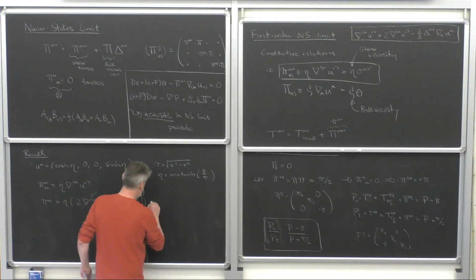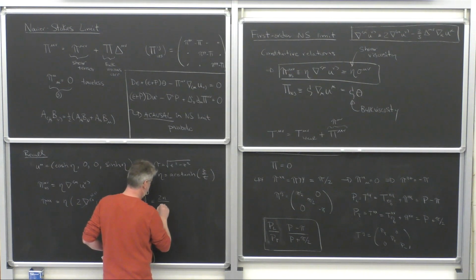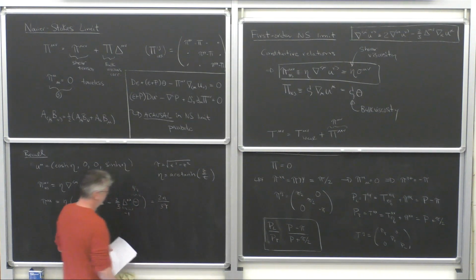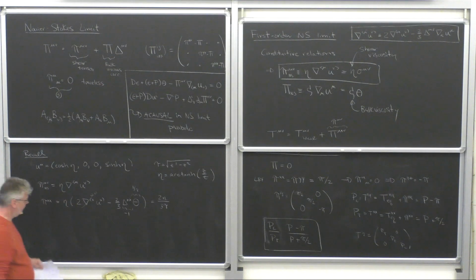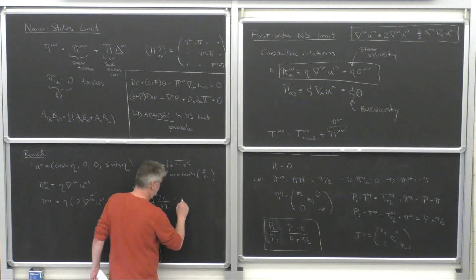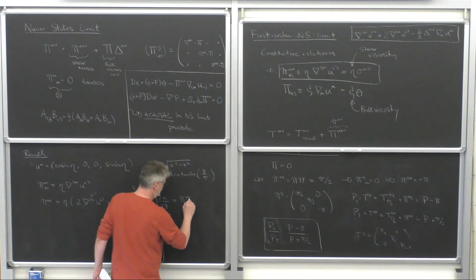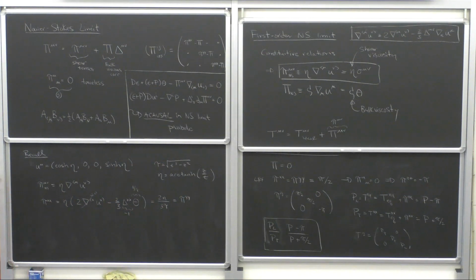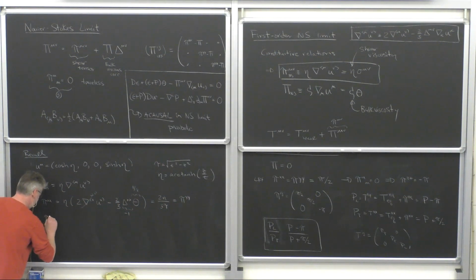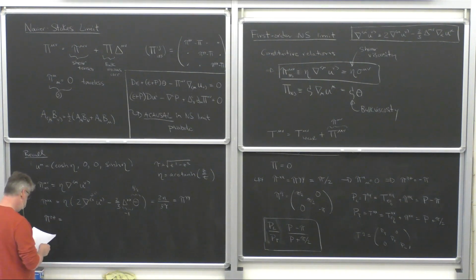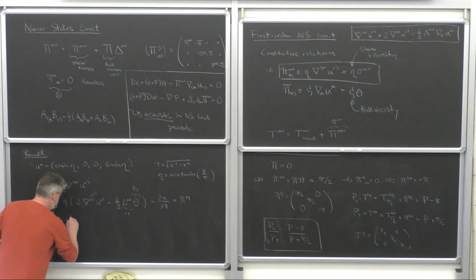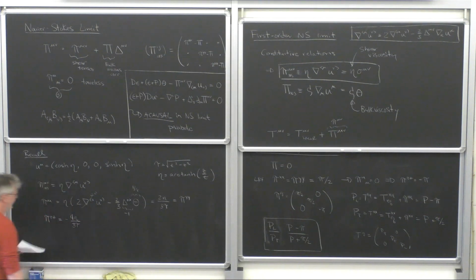So in the end, this is 2 eta over 3 tau. And as I said, by symmetry, that's also pi yy. And by the tracelessness, we can immediately write down what is pi zz. It's -4 eta over 3 tau.